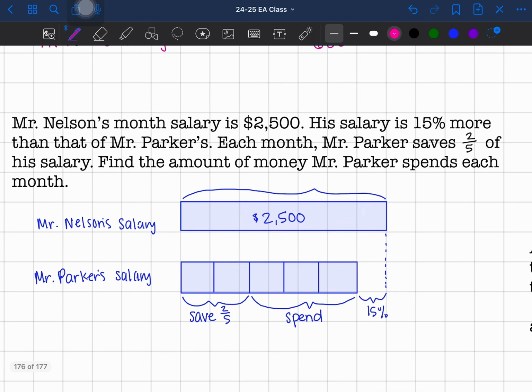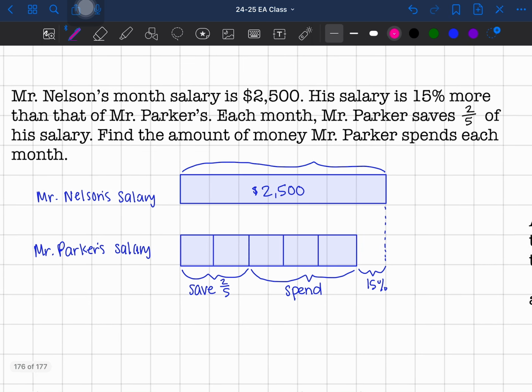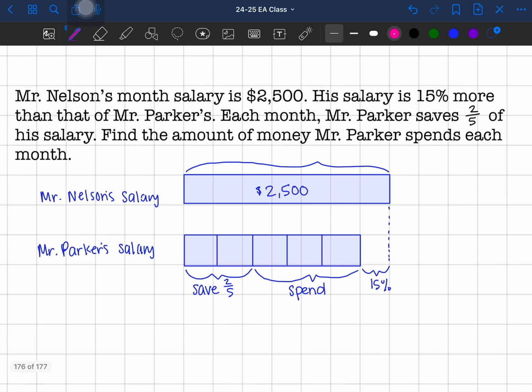Mr. Nelson's salary is $2,500. His salary is 15% more than that of Mr. Parker's. Each month, Mr. Parker saves 2/5 of his salary. Find the amount of money Mr. Parker spends each month. Okay.